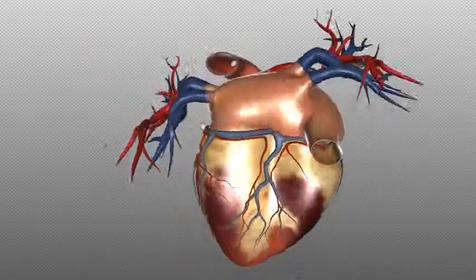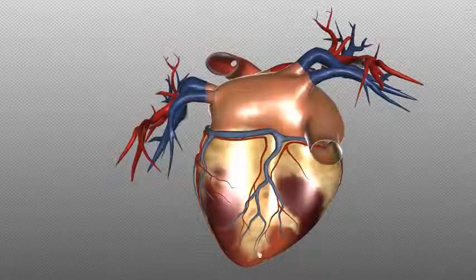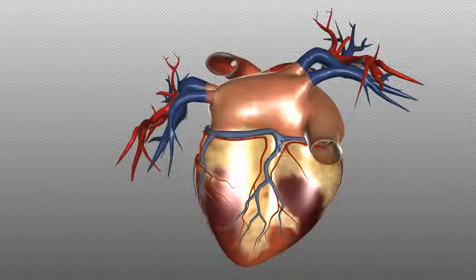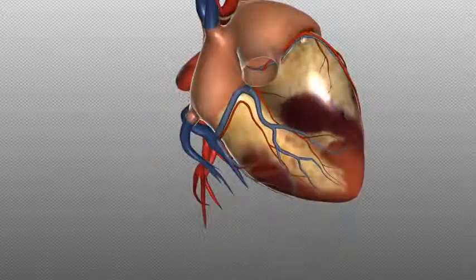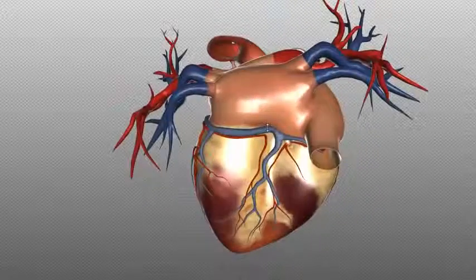And then you've got the middle cardiac vein, which runs right down the middle of the back of the heart, the diaphragmatic surface of the heart, in the posterior interventricular sulcus. And you've got the small cardiac vein, which drains into the coronary sinus. So 4 tributaries which drain into the coronary sinus.